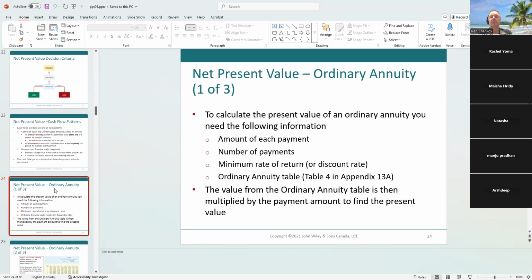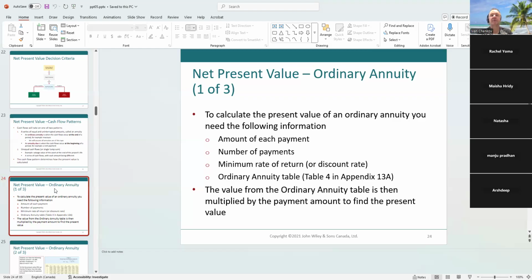Now, what we need is the amount of each payment, the number of payments, the minimum rate of return, which will become the discounting rate that we're going to use to calculate the net present value. And the last thing that we need is either a financial calculator, the one that you had in your hands during the quiz, or an Excel spreadsheet.